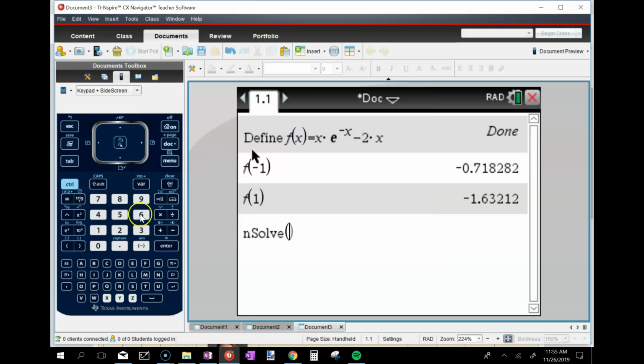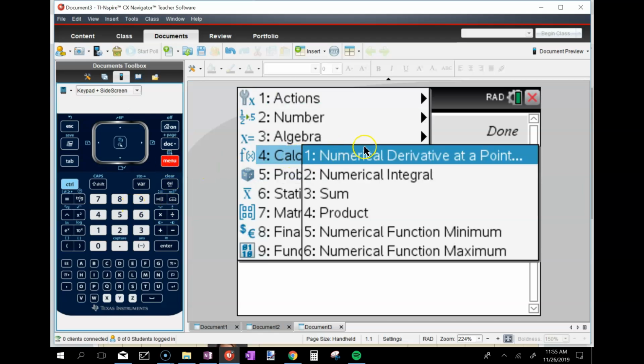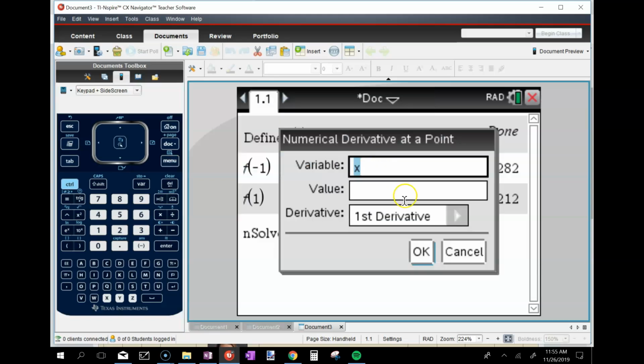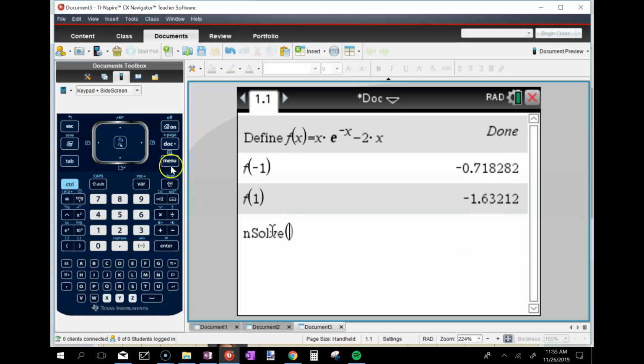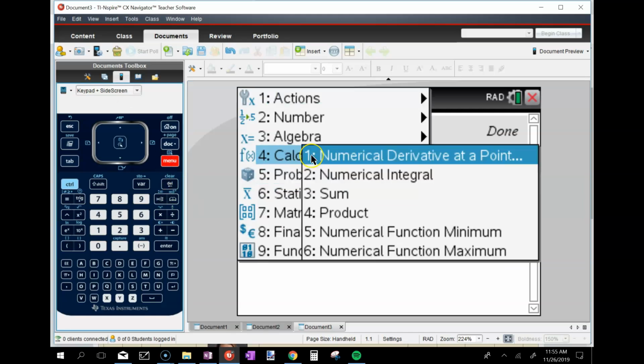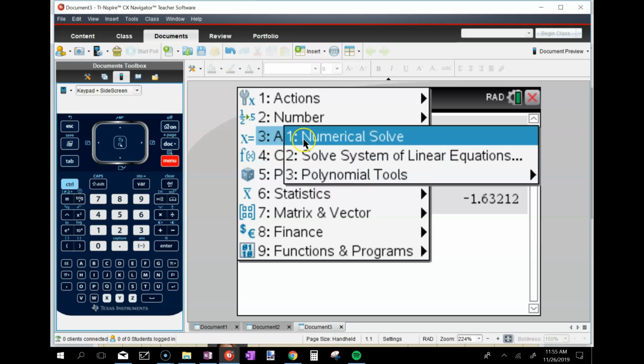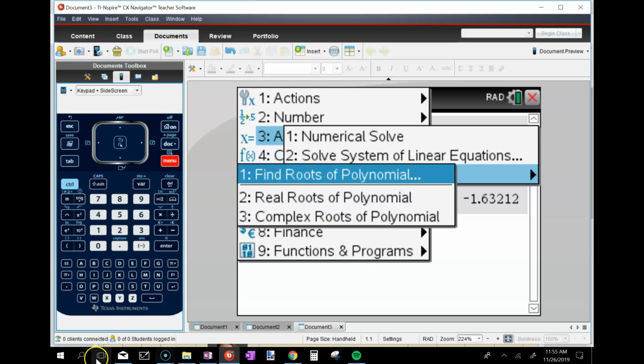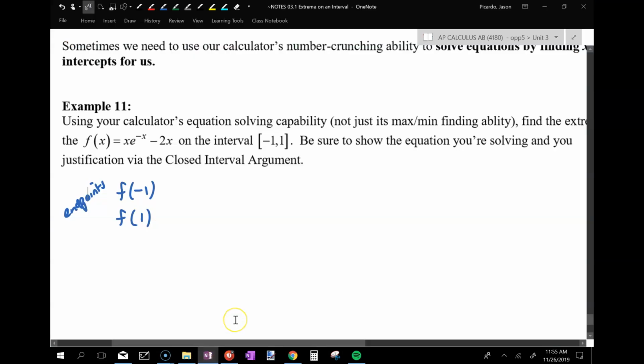Algebra and solve. I want to know where the derivative, x. Oh, I can't do it this way. Can I? No, can't. That stinks. Okay. So be it.